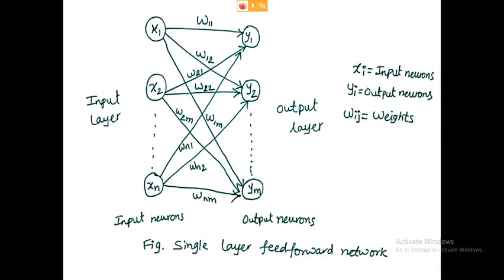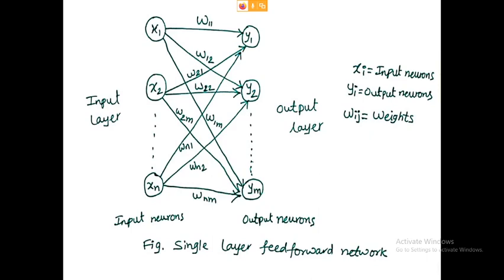Each input neuron is connected with all the output neurons. X1 is connected with y1, y2 and so on ym. X2 is also connected with y1, y2 and so on ym. Xn is also connected with y1, y2 and so on ym. So it is a highly parallel connected network.